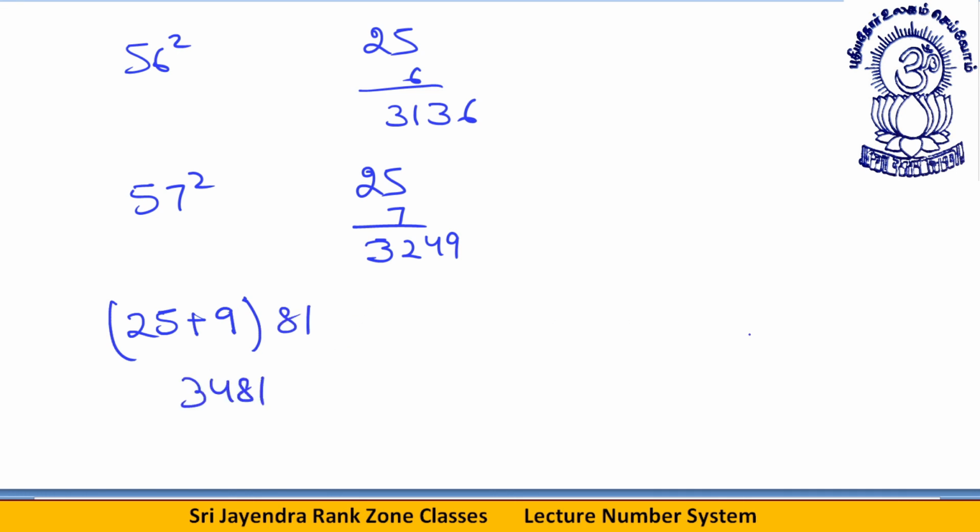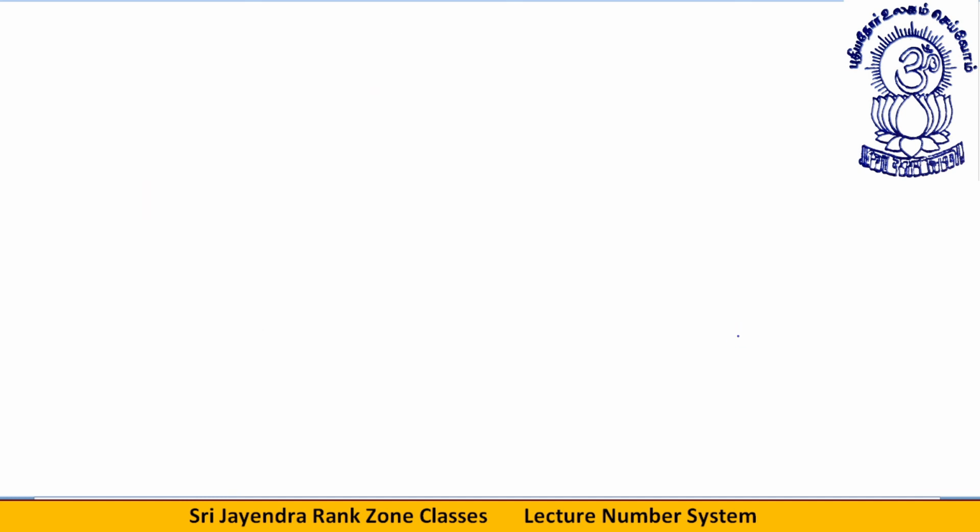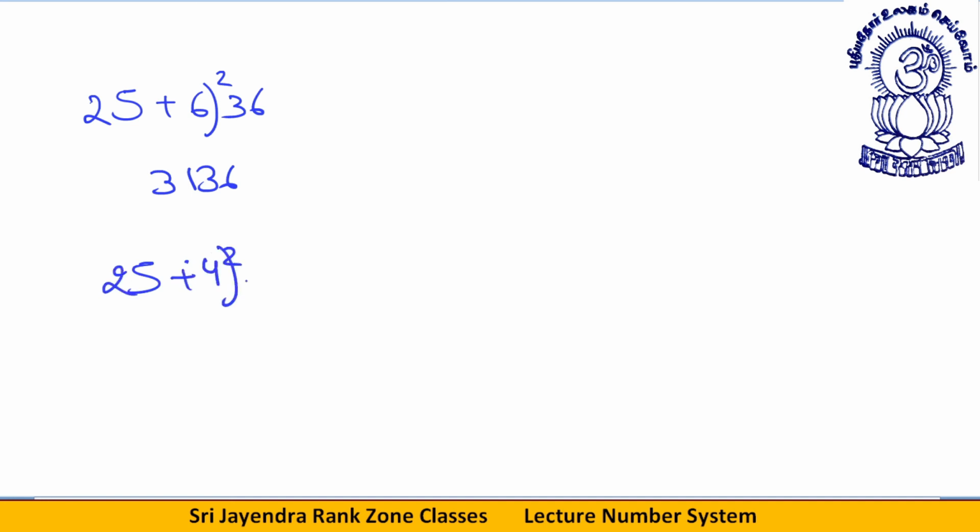I will show you again what I did. 56 square. Write a 25 here, write a plus here, write the square of this 6. You get 3136. 54 square. Write a 25 here, write a plus here, write a 4 square here. 2916.